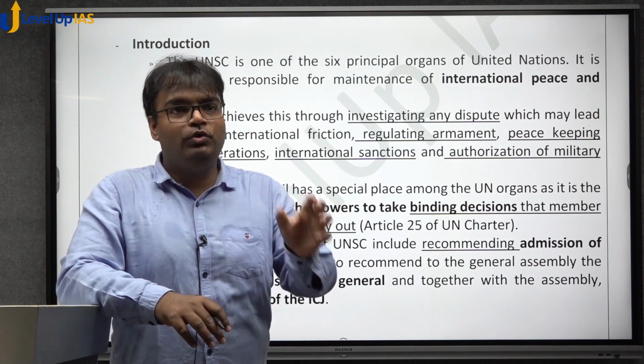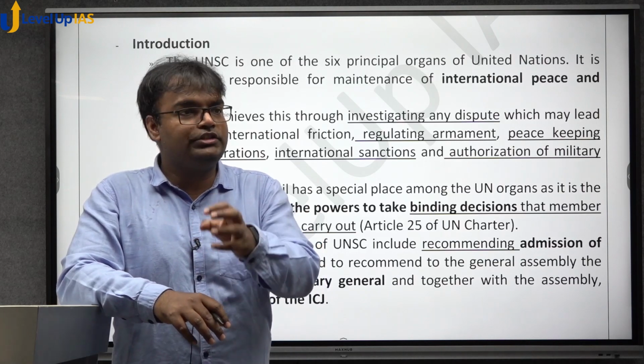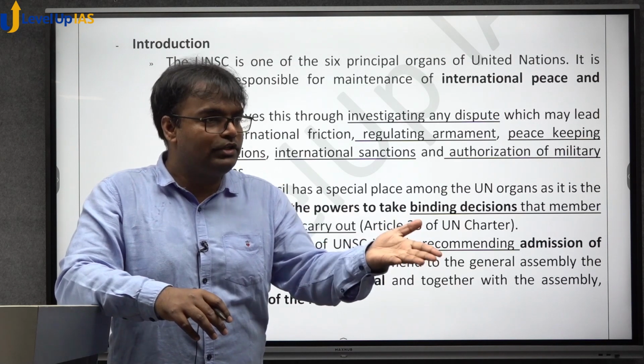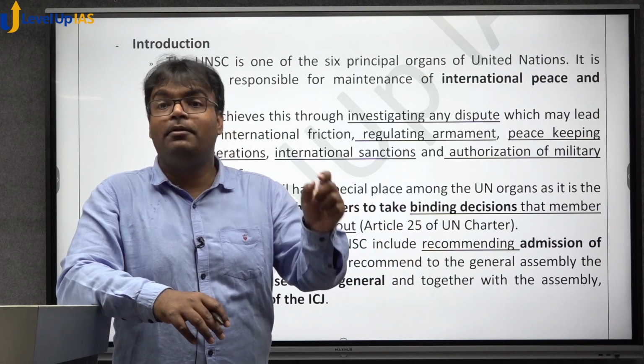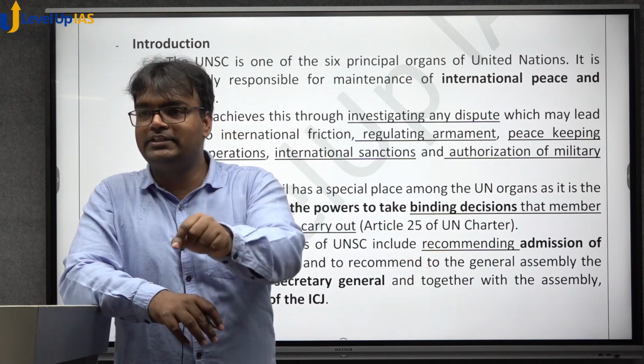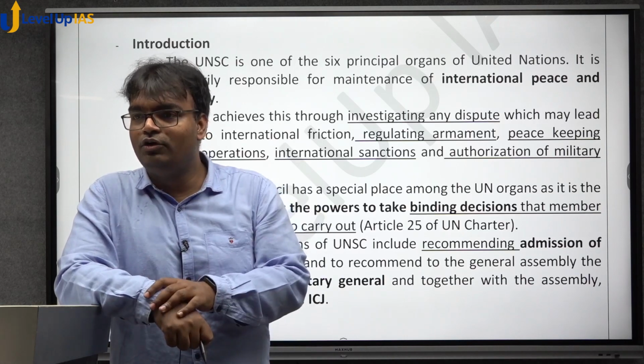So if UNSC includes a terrorist organization or an individual of Pakistan under any of the sanctions, it would make Pakistan bound to take action and impose those sanctions against that individual or that organization.